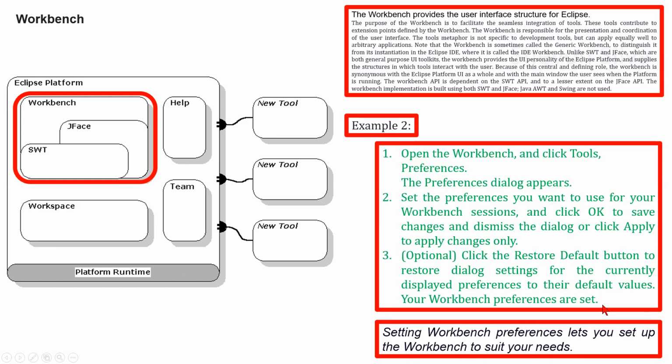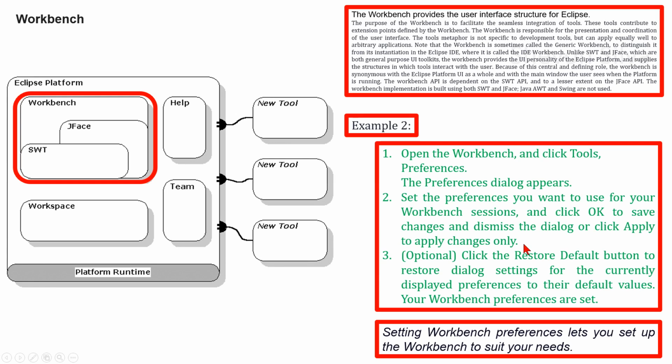As example 2, setting workbench preferences lets you set up the workbench to suit your needs. Step 1. Open the workbench and click Tools, Preferences. The Preferences dialog appears. Step 2.